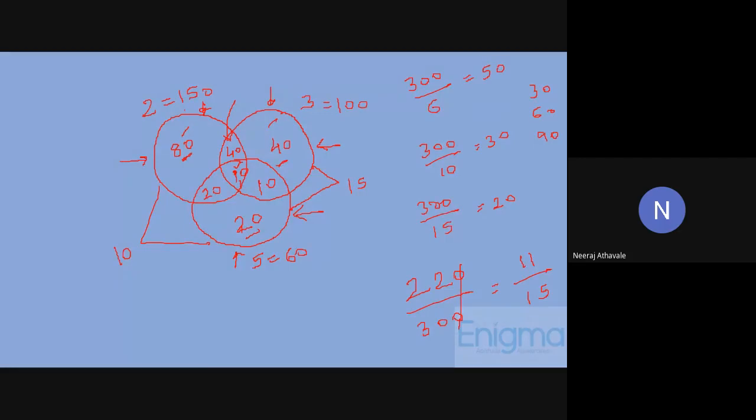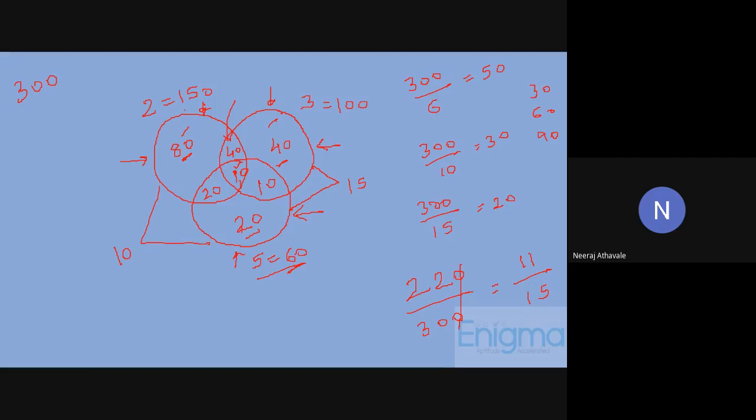Okay, pay attention. The correct answer will be 240. Now why would it be 240? Because how many total numbers do we have? Total numbers are 300, from 1 to 300, and out of that only 60 numbers are divisible by 50. So the rest of the numbers are not divisible by 5, sorry, not 50. So therefore the answer will be 240.